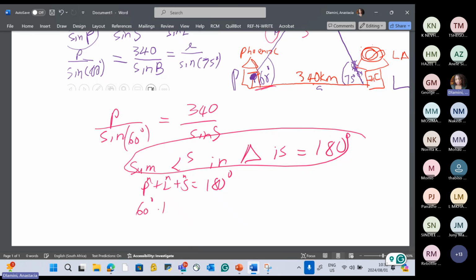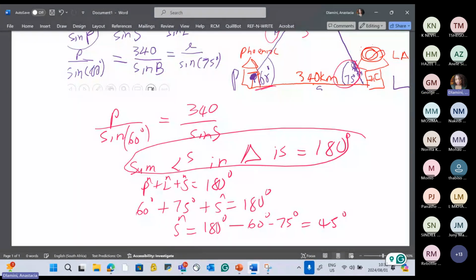So this is 60 degrees plus, do I have an L? Yes, 75. But I'm looking for S, so I don't have it. So this is equal to 180 degrees minus 60 minus 75, which is equal to 45 degrees.